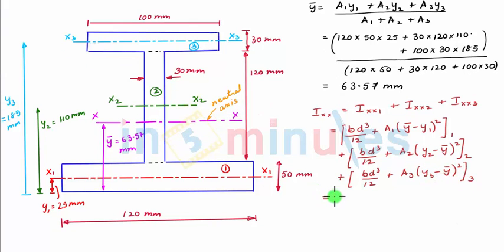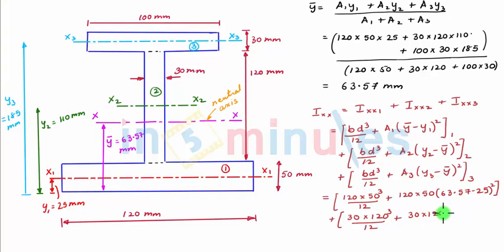Upon substituting the values, we get for part 1 BD cube by 12 is 120 into 50 cube by 12 plus a1 is 120 into 50 into y bar minus y1 is 63.57 minus 25, the whole square, plus for part 2 BD cube by 12 is 30 into 120 cube by 12 plus 30 into 120 into 110 minus 63.57 square, plus for part 3 BD cube by 12 is 100 into 30 cube by 12 plus a3 is 100 into 30 into 185 minus 63.57 square.